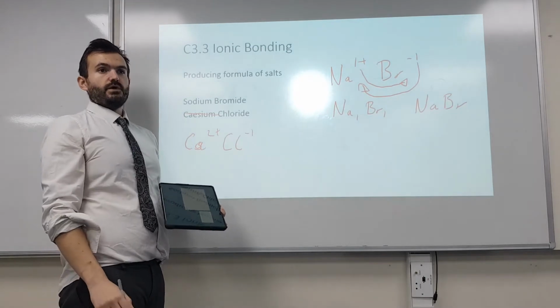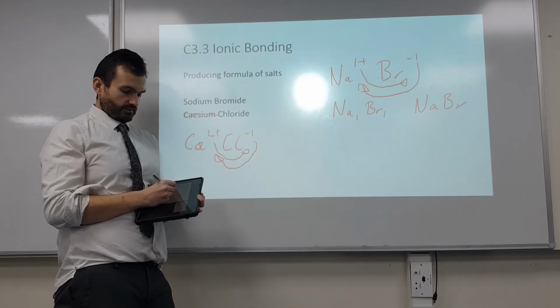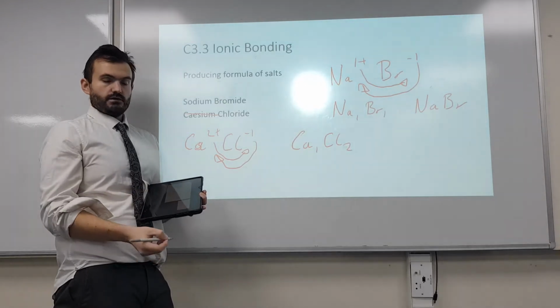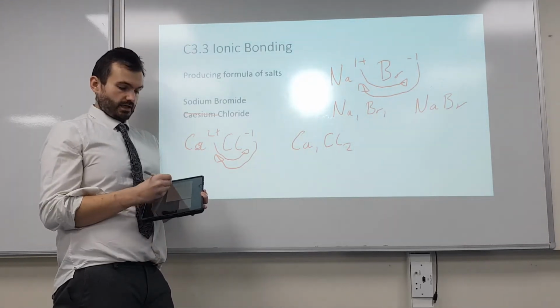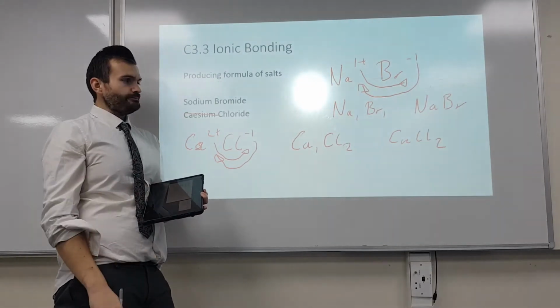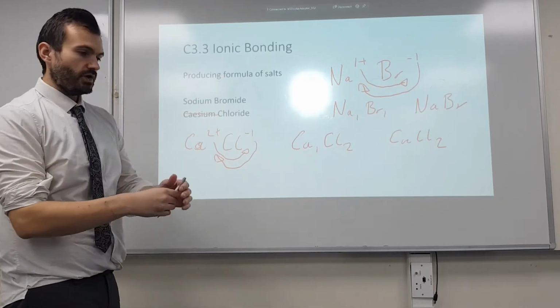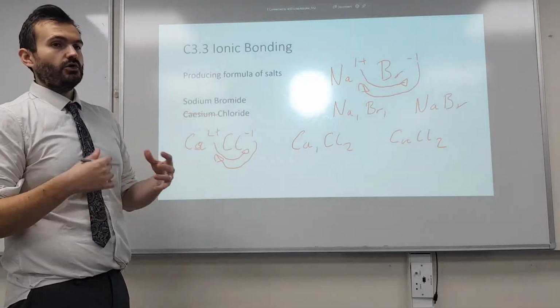So we've got +2 and -1. All we do is move the numbers over again. So we've got Ca1 Cl2. We get rid of the 1 again. So we've got CaCl2.